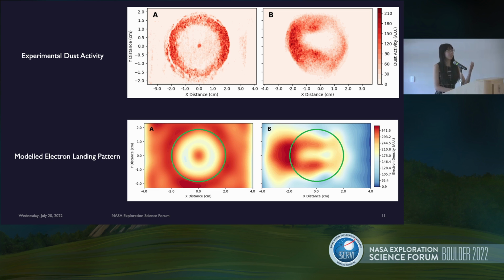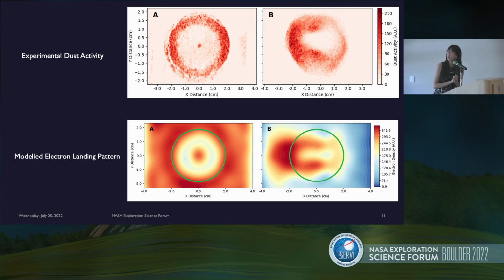On the left, the magnet is pointing directly out of the page, and you see the central region of high electron activity, because electrons are funneled into the cusp of the magnetic field. Then there's a region where there's not much activity because the lobes are shielding the electrons from coming in. And further out, more electrons land on the surface because the magnetic field is too weak to affect their motions at all.